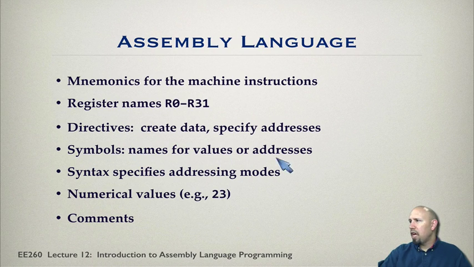Symbols are the names for values or addresses. The actual machine language has no variables. It's just ones and zeros. But in assembly, we can actually have labels which have meaning, like this is a line of code and we're going to go here and so forth. So assembly language is not machine language. It's above machine language in terms of being more abstract.